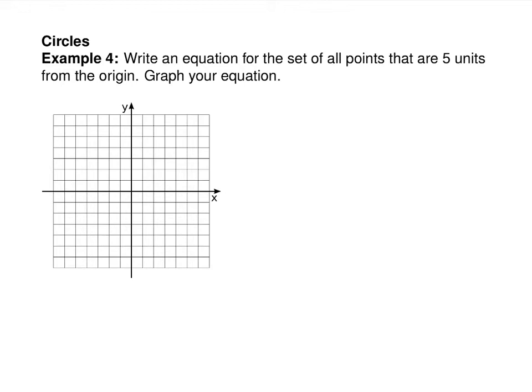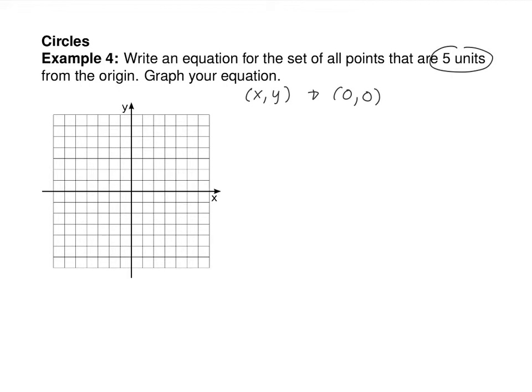So the definition of circles actually comes from the distance formula. Circles are special, they're the set of all points that are the same distance from a specific point, right? So with a circle where all points are 5 units away, I have 1 point x, y, and I have 1 point 0, 0.